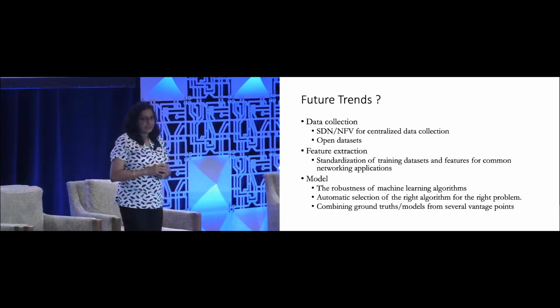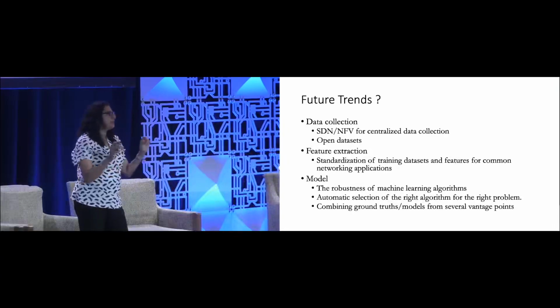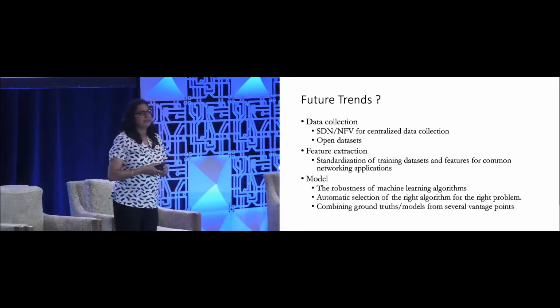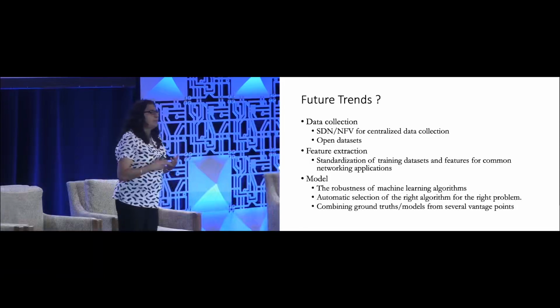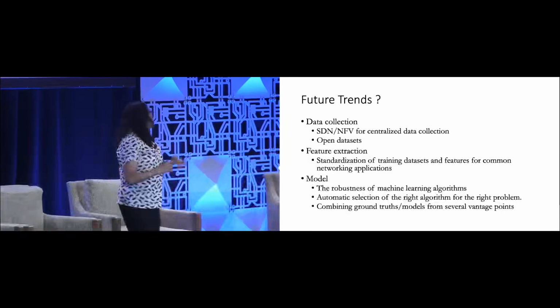The machine learning algorithm robustness is outside the realm of machine learning for networking. There's a lot of research going on in making the algorithms more robust and also more explainable, to really know what it is learning. I think it would be nice when we get there. There's also automatic selection of the right algorithm.